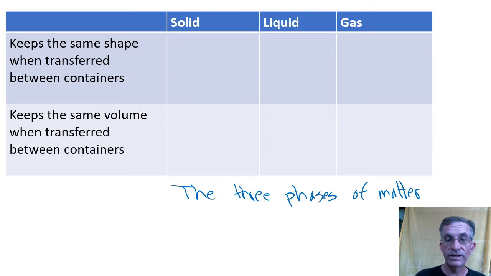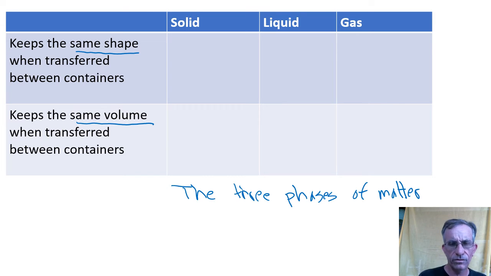Some things keep the same shape. Some things keep the same volume, the same size. What's different is whether or not that's true. That's what makes things either solids, liquids, or gases.